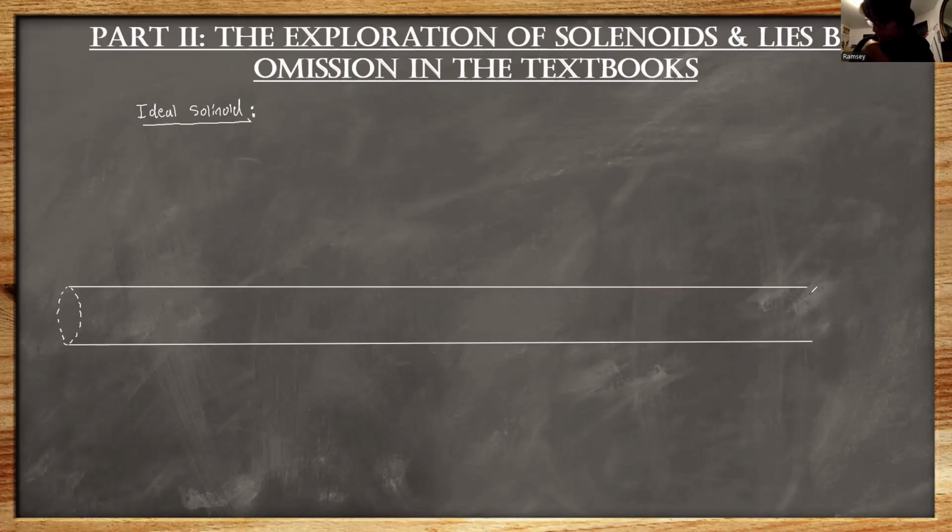Then the next thing you need is what's called a surface current. So think of this as a hollow cylindrical shell of conducting material. And you have this surface current that flows around it azimuthally.